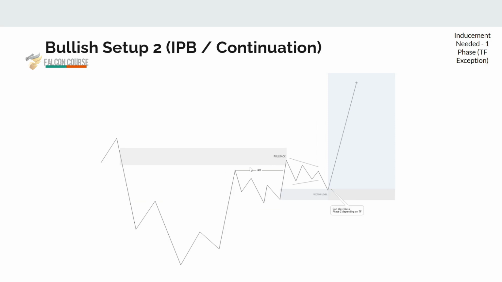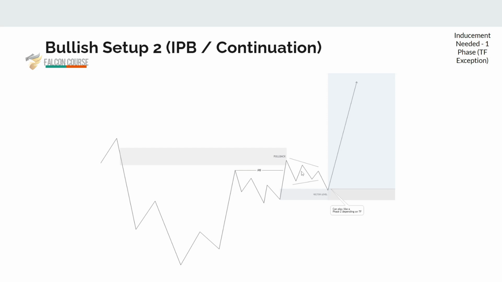Next bullish setup is a pullback continuation. That's really it. We have reversals and we have continuations, and then we hit another reversal, continue, reversal, continue. That really is it. But from this pullback zone, we have inducement level, we pull back from there, we end up inducing that vector level on the bottom side. The top side will act as a smaller build-up on a lower time frame, and we can actually play this as a phase 2 reversal.